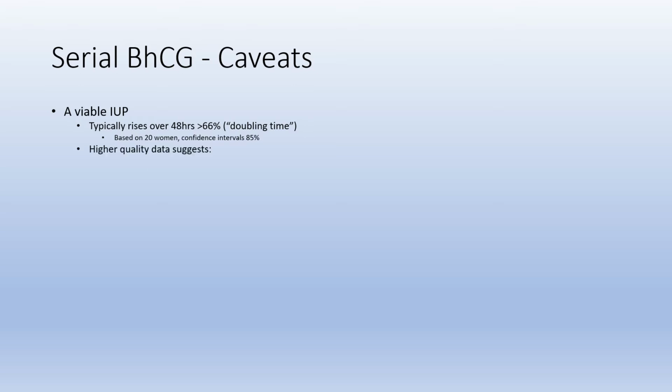There's been some newer studies in the 2000s, and one such study looked at 287 women presenting to the ED with pain and or bleeding, and they found with a 99% confidence interval the lower limit of Beta HCG rise for a normal pregnancy could be as low as 53%.